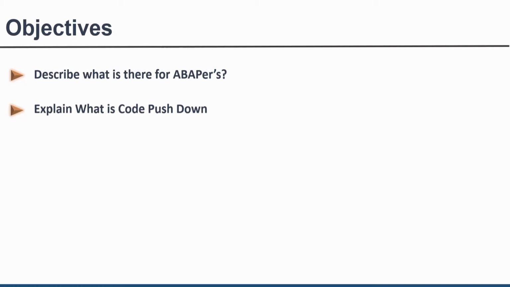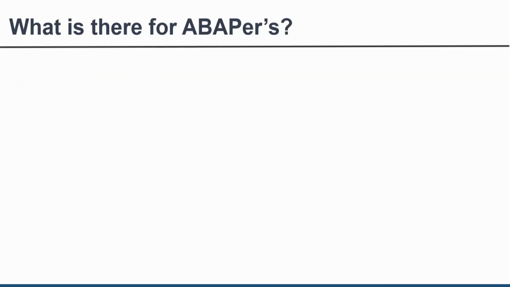And you have also learned that already SAP has automated multiple different business processes on top of HANA. So on this background, the main question is, what is there for ABAPers?